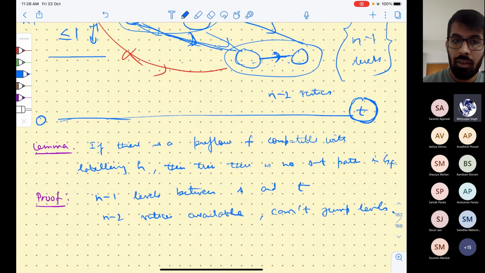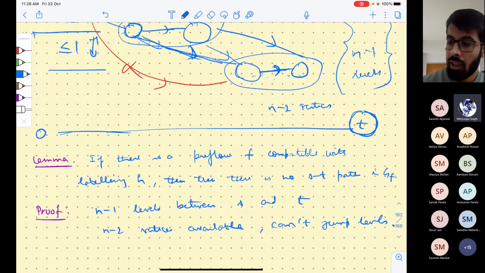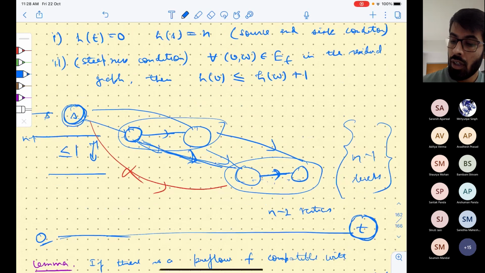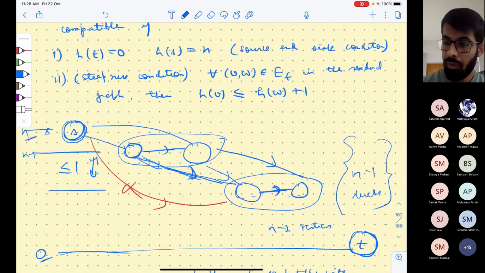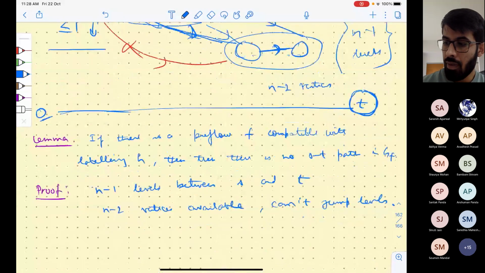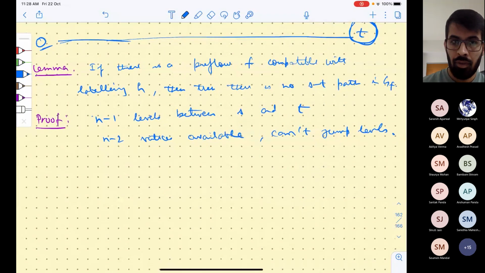Why n minus 1 levels? T is at 0 and S is at n. That is the condition of compatibility here. So how many levels are in between 0 and n? Okay.